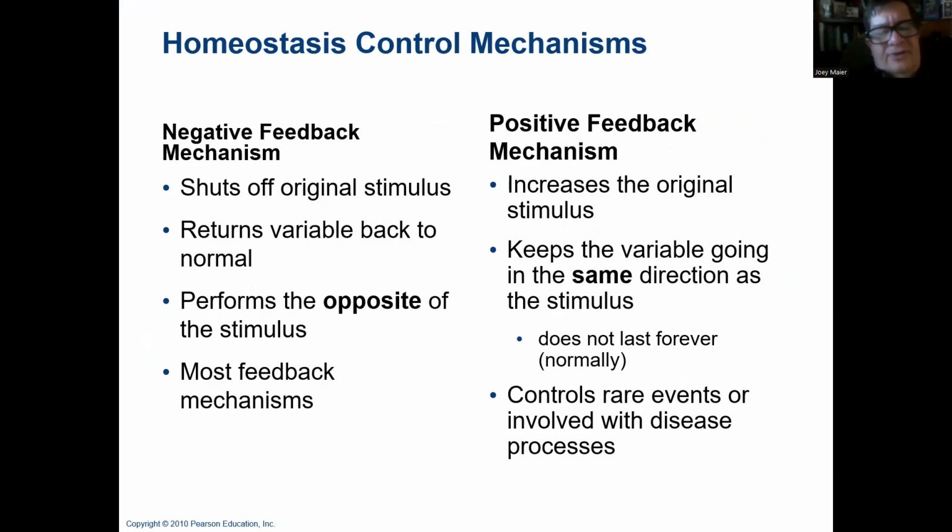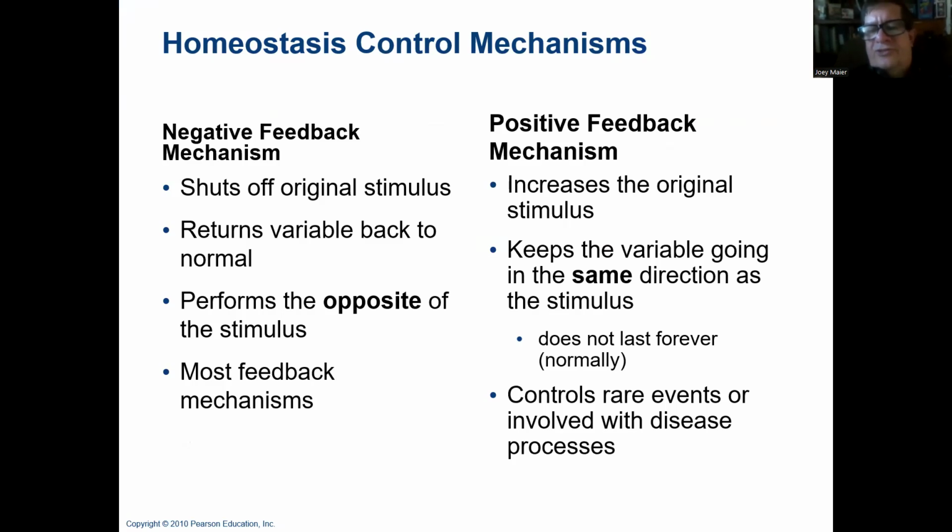It's doing the opposite of the original stimulus. So if we were too cold, we try to warm up, or if too hot, we try to cool off. And most feedback, this is like the third, fourth time you've heard it, is a negative feedback system. There are positive feedback systems. Milk production, blood clotting, birth of a baby, those are all positive feedback.